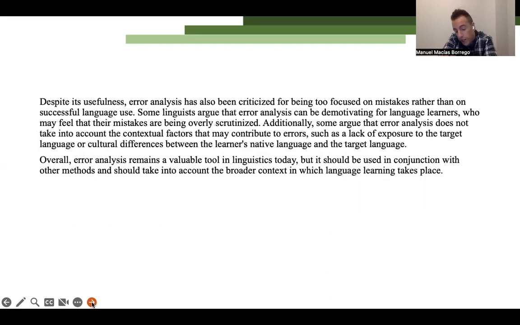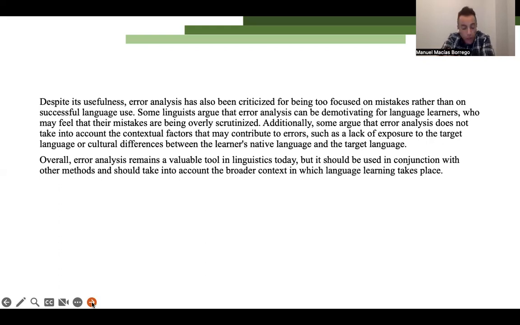Despite its usefulness, we cannot leave it without any kind of drawback or hindrance. Error analysis has also been criticized for being too focused on mistakes rather than on successful language. Some linguists argue that error analysis can be demotivating for language learners, who may feel that their mistakes are being overly scrutinized. Additionally, some experts argue that error analysis does not take into account the contextual factors that may contribute to errors, such as lack of exposure to the target language or cultural differences between learners' native language and the target language.